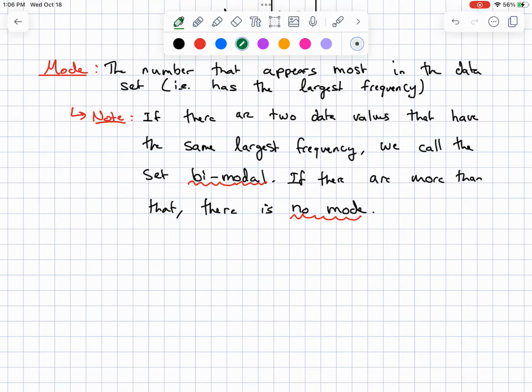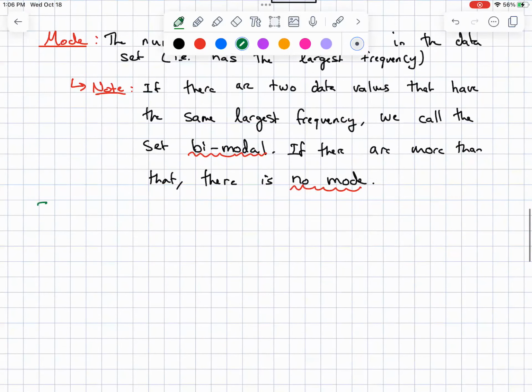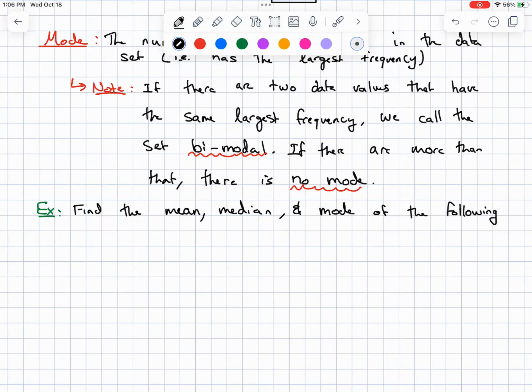we will do some examples. Example: find the mean, median, and mode of the following data sets, and round to the nearest 10th.